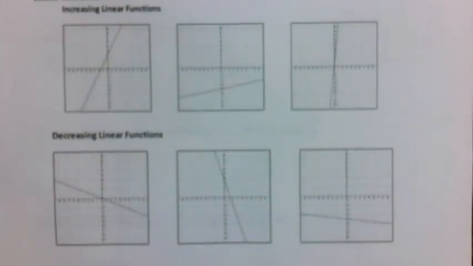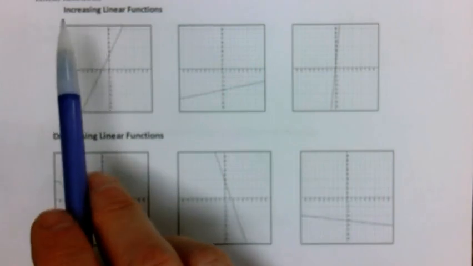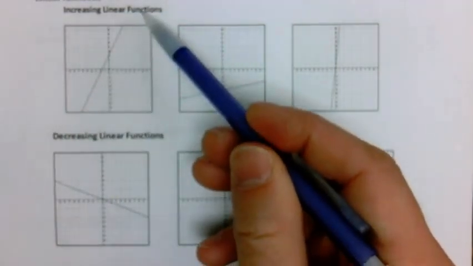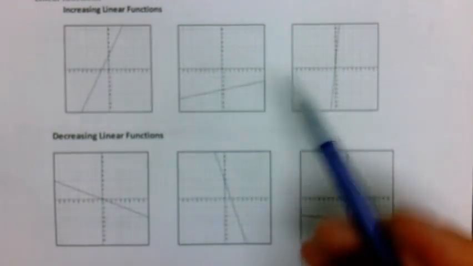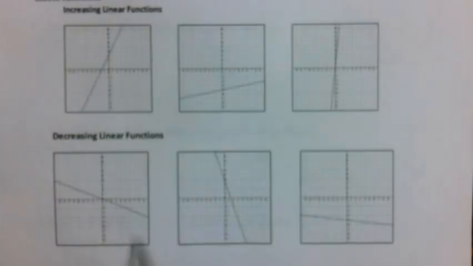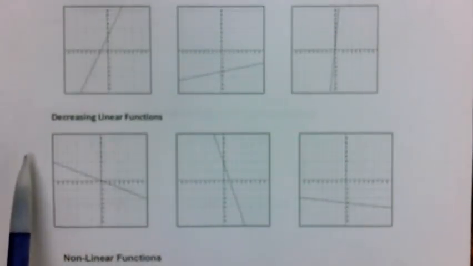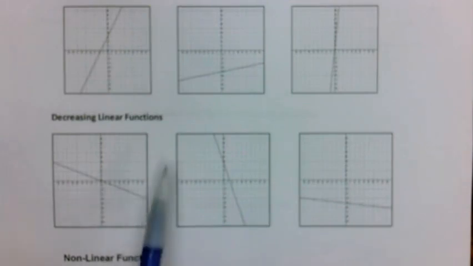If the function is increasing or decreasing at a constant rate, it's going to look like a straight line. These three graphs show increasing linear functions because as you move from left to right, they increase at a constant rate, so they look like straight lines. These three graphs are decreasing linear functions because as you go from left to right, the function goes down at a constant rate, or in a straight line.